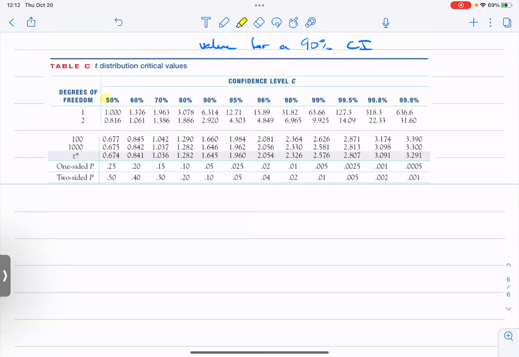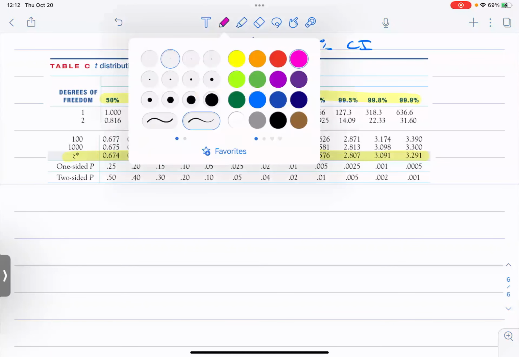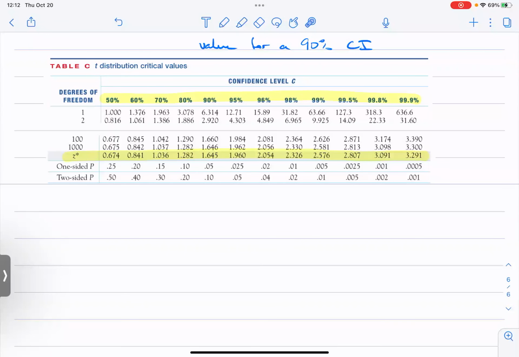Okay, so again, looking at these confidence levels and only the Z stars for now. We want a 90% confidence interval, so our Z star is going to be 1.645, which means that we're going to go 1.645 standard errors away from the sample proportion.